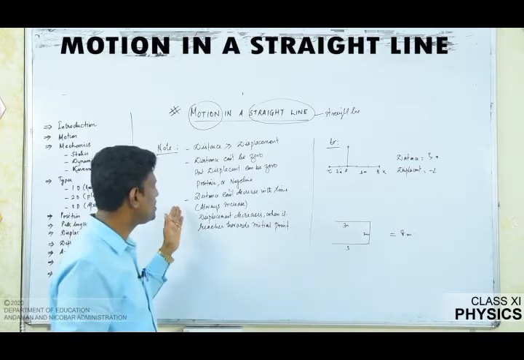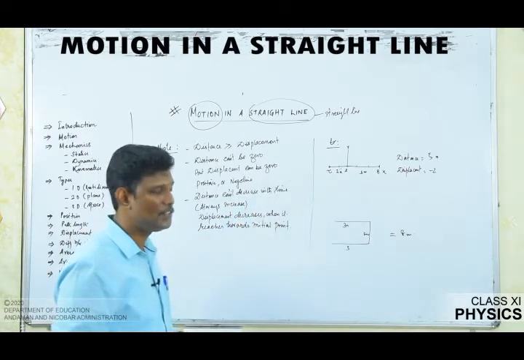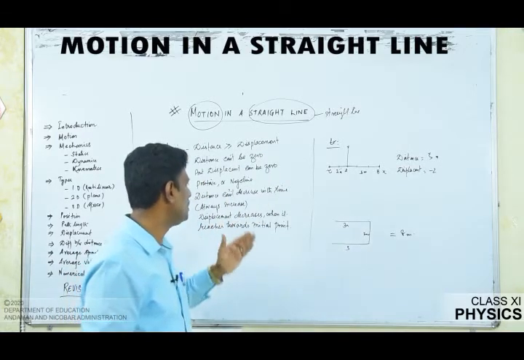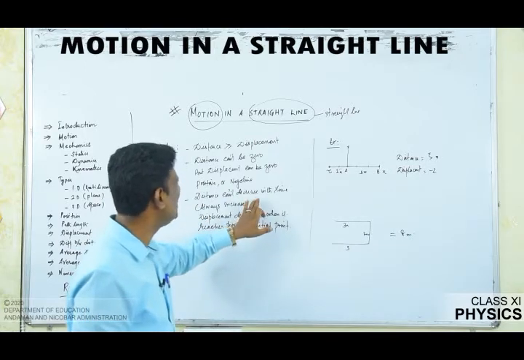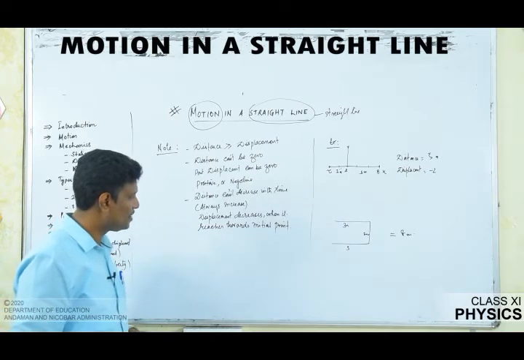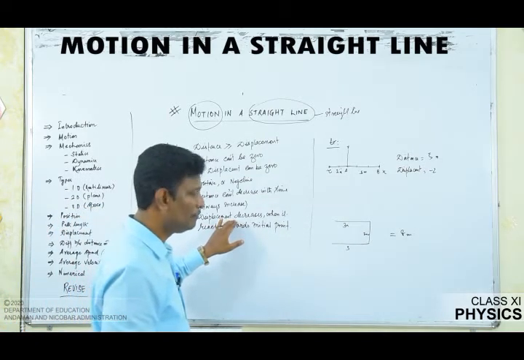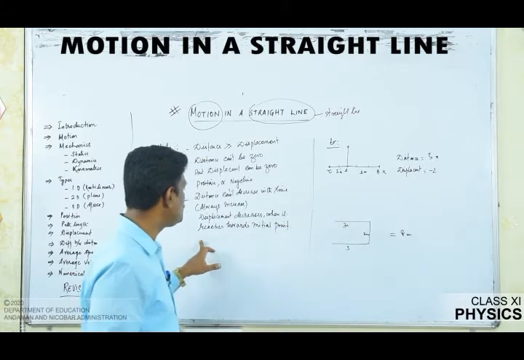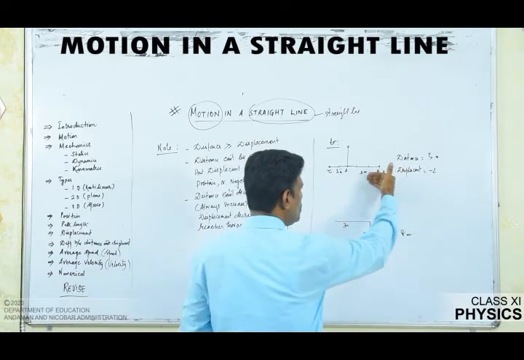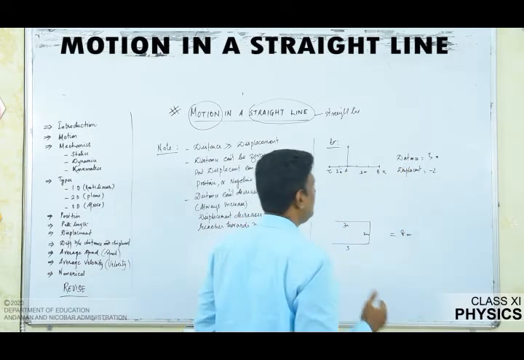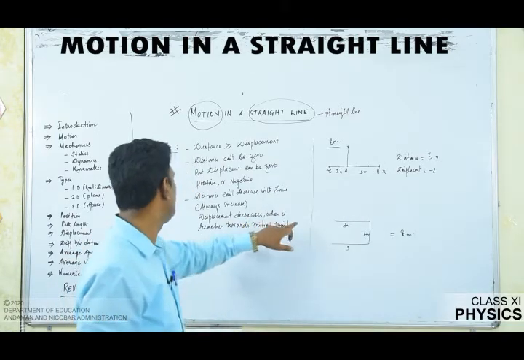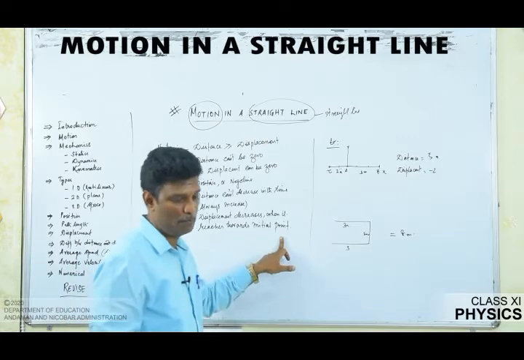Next: distance can't decrease with time. As the object is traversing the path, the distance is increasing, not decreasing. So, distance is always increasing only. But displacement decreases, especially when it reaches towards the initial point. That means, when an object is approaching the initial point, the displacement is reducing.